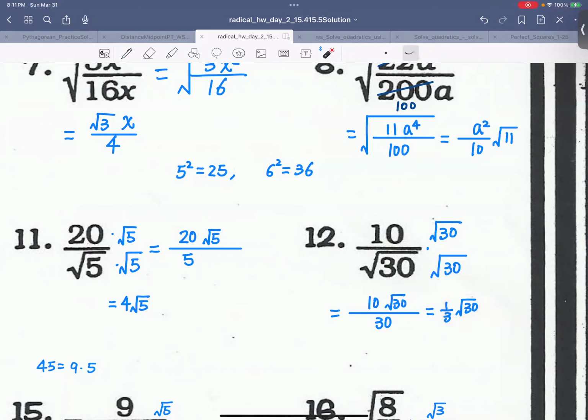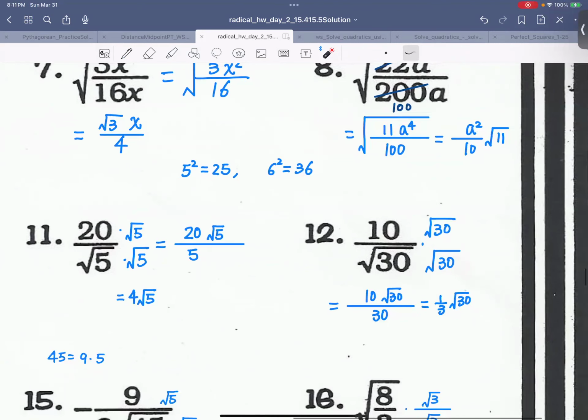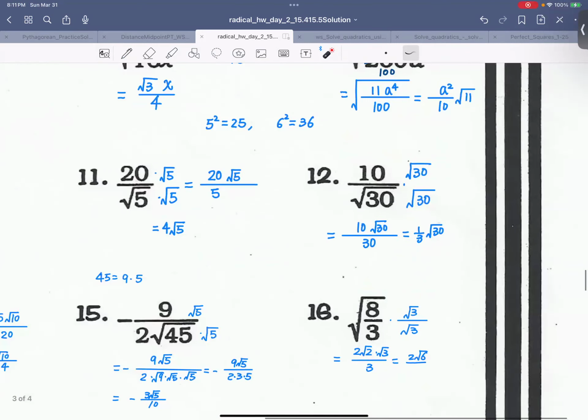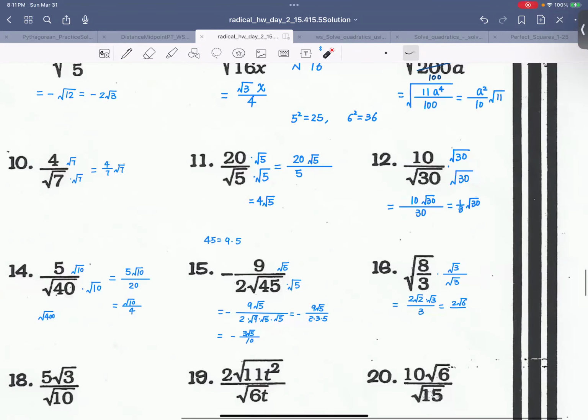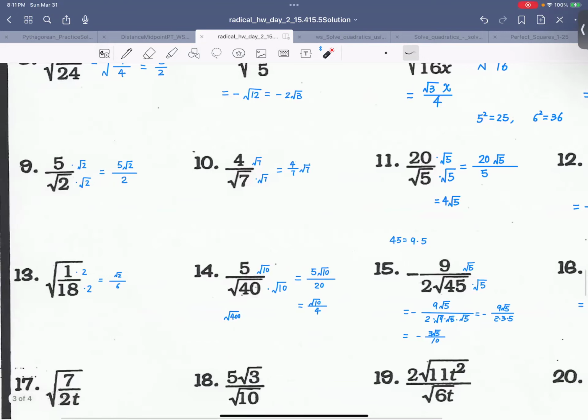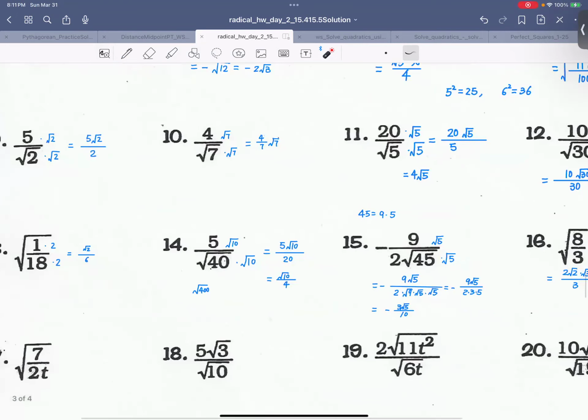So you can estimate using 5.5 or 5.4 to approach this. Okay. They don't just ask you this. They can give you any random number so that you use those perfect squares to help you figure it out. This is going to really help you, save you in the future. Now, number 15.